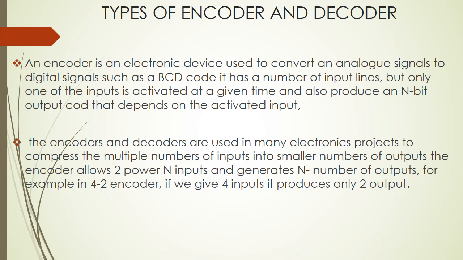The encoder allows 2 to the power n inputs and generates n outputs. For example, a 4-to-2 encoder: if we give 4 inputs, it produces only 2 outputs.